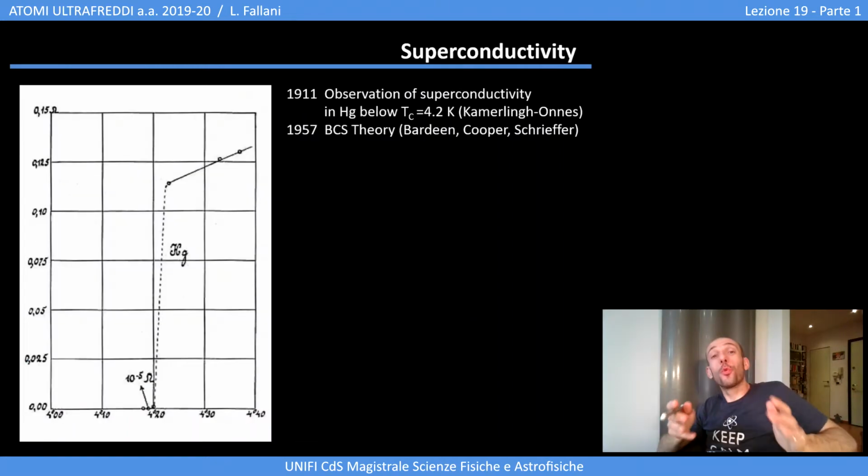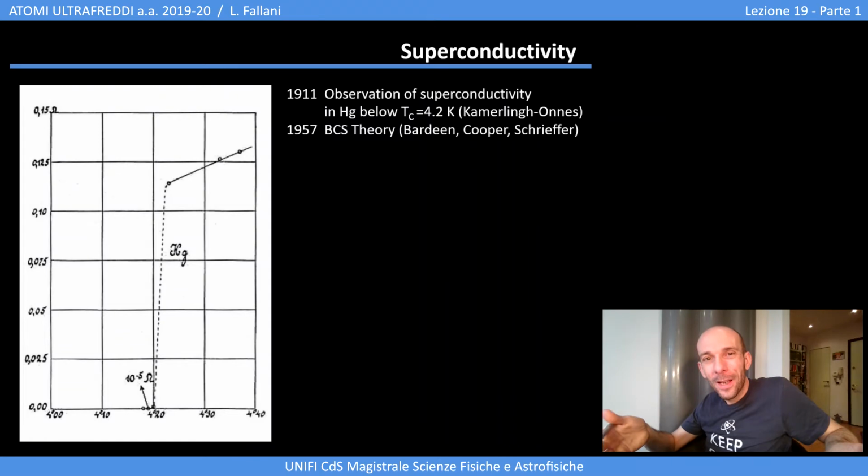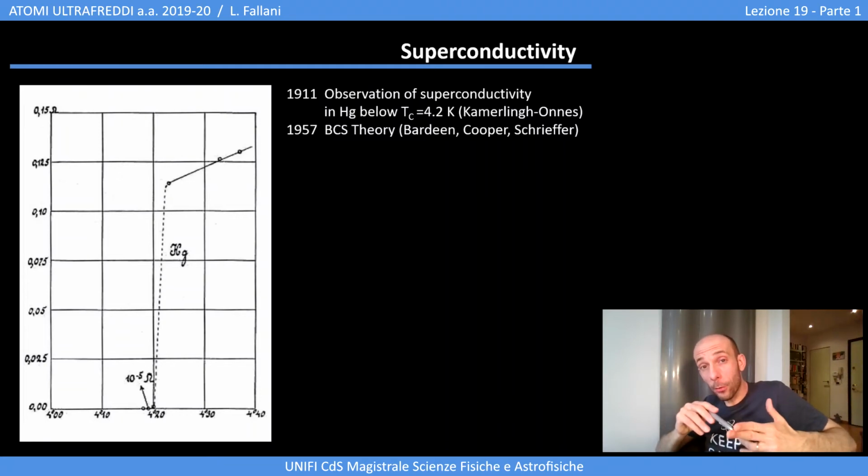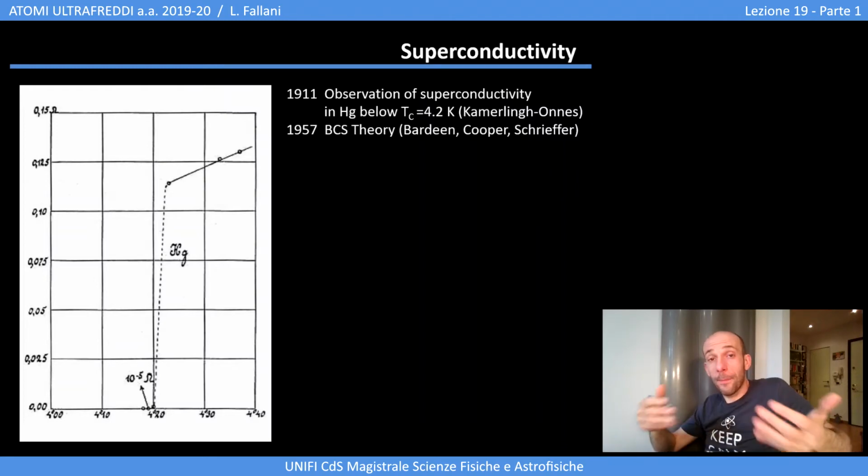And the other super discovery of the last century was superconductivity. Superconductivity was discovered even before helium-4 superfluidity, so in 1911, by Kamerlingh-Onnes, that was performing some measurements of electrical conductivity of mercury. So mercury is a solid at low temperatures. It is a metal.